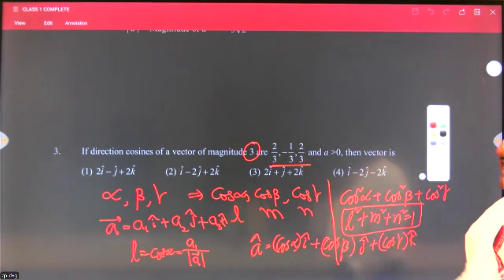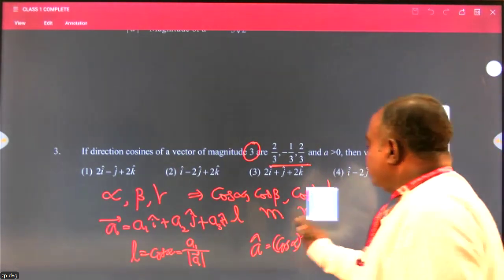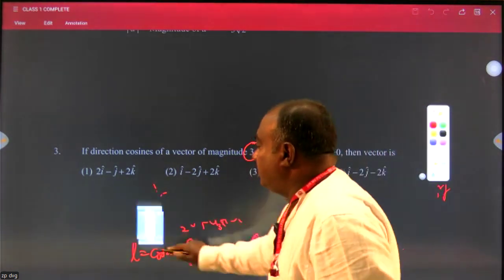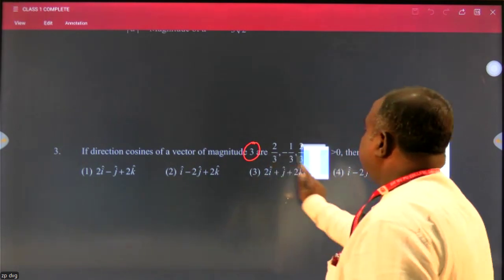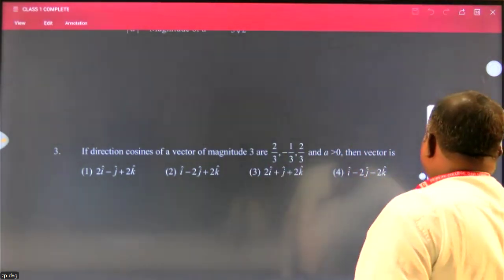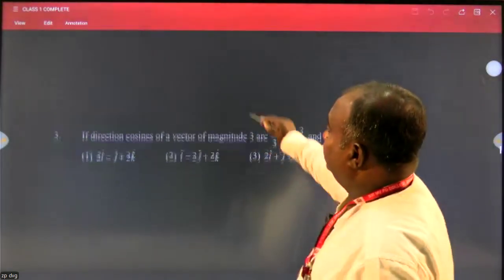Now he has given the vector. What have they given? Observe there: cos alpha, cos beta, cos gamma are given. Then he asked for the vector in the direction of A bar with a magnitude of 3 units. With a magnitude of 3 units he asked.